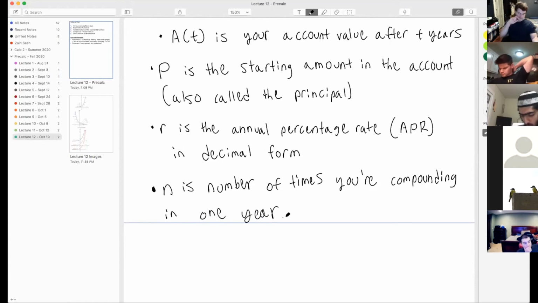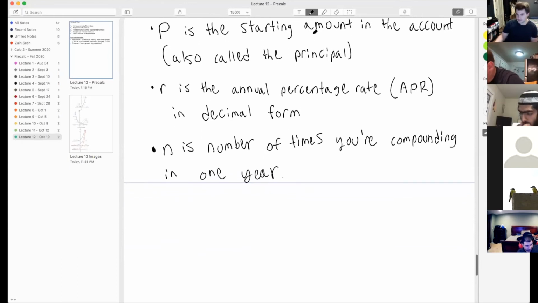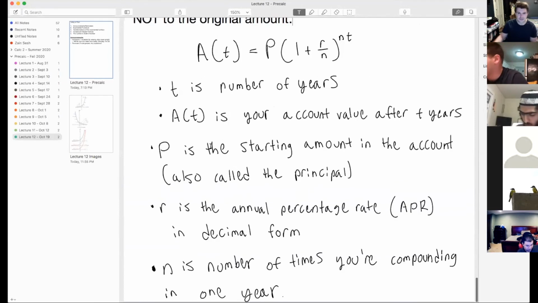Just recall that compounding means you're adding interest to the account, and for the calculation you're doing for that interest, you're using the present value of the account, not the original amount. All right, so let's use this formula. Let's do a word problem. I'm just going to type again just to make things a little easier.